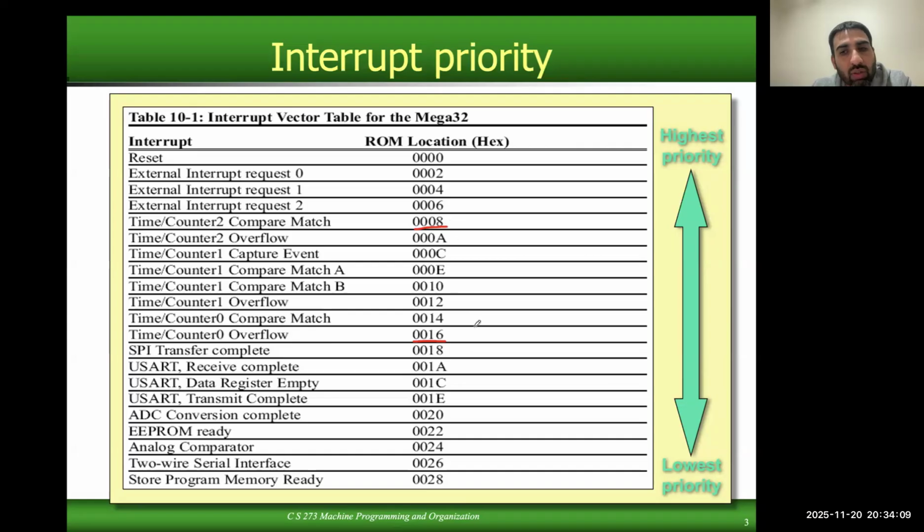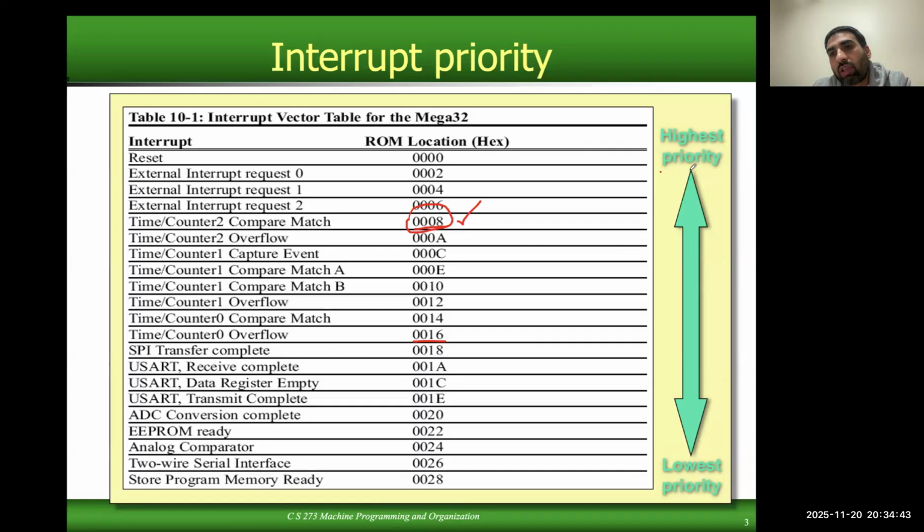For that, we use the addresses, and the lower address means the higher priority. Since 8 is less than 16, the compare match interrupt from timer 2 has higher priority, and that's why the microcontroller will execute the ISR of this interrupt, not the timer 0 overflow.